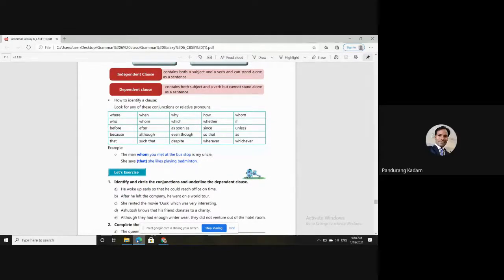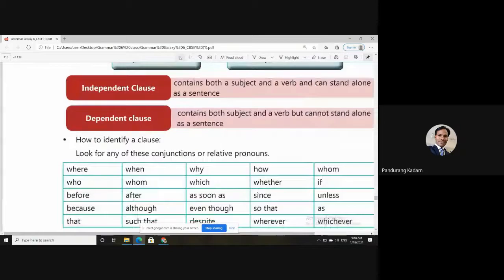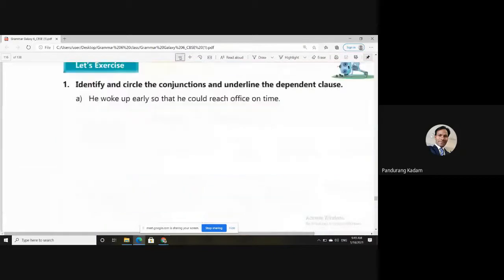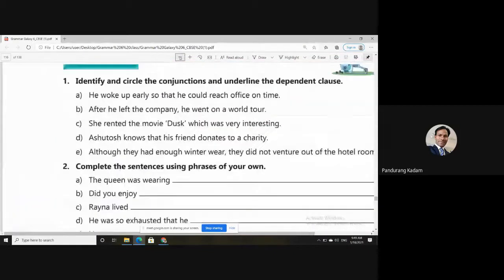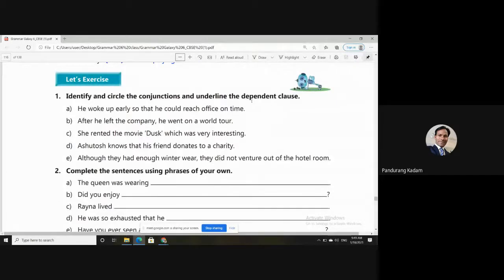Let's exercise. Focus here. Identify and circle the conjunctions and underline the dependent clause. Right?